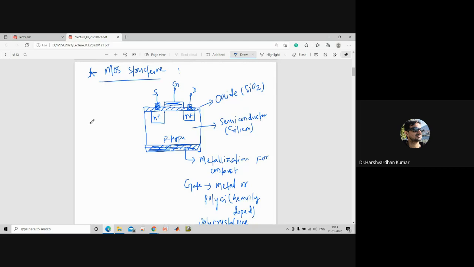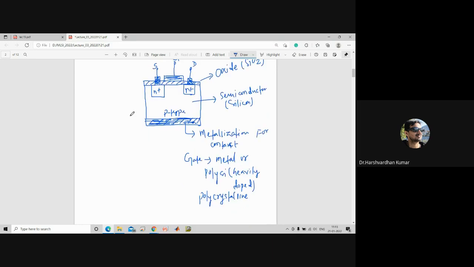Okay, so now we need to understand this structure. Here we are not providing any bias, right? Bias means we are not providing any voltage between the terminals. So no biasing means this structure, or the device, is under equilibrium, right?